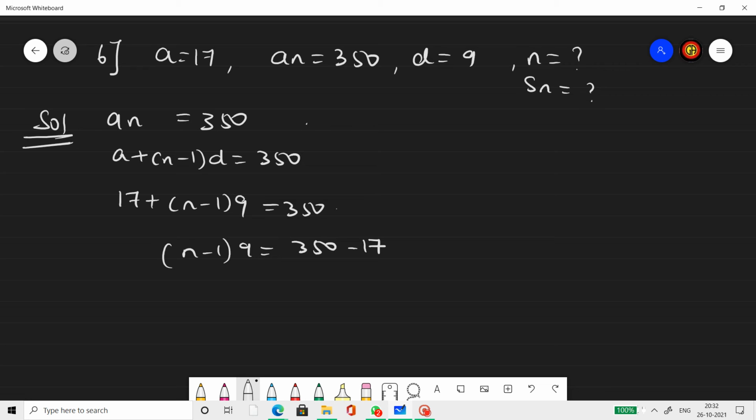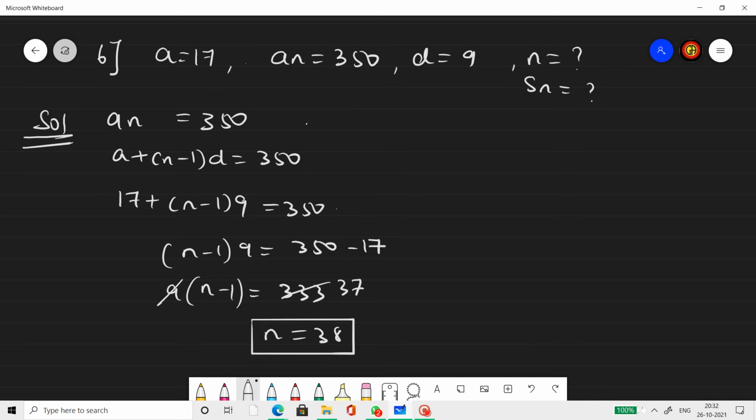And 350 minus 17 works out to 333. So n minus 1 into 9 is equal to 333. Dividing it by 9, 9 cancels this 37 times. So n is equal to 38.